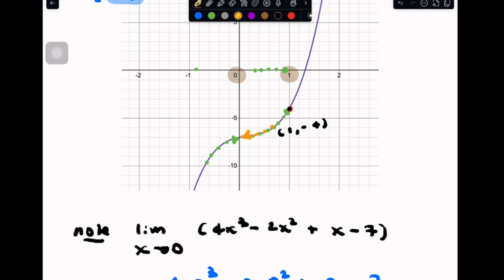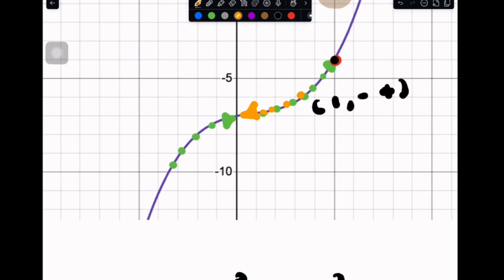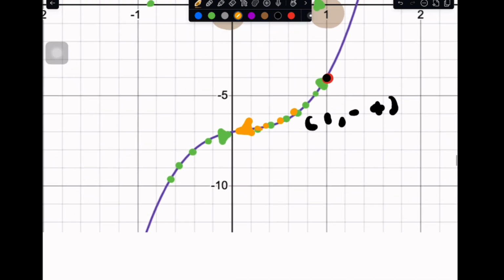Again, this happens to be on the axis. Doesn't have to be, though. What location am I getting close to? That's 0, comma, negative what? 4. It's negative 7, right? Yes. Negative 5, negative 6, negative 7. The answer is always the y-coordinate value. You're approaching there.